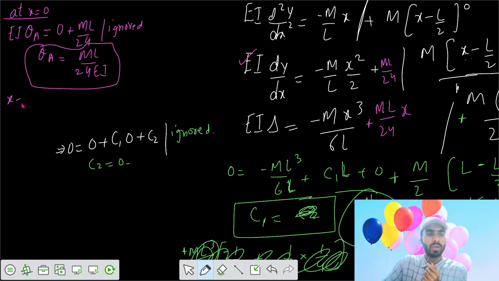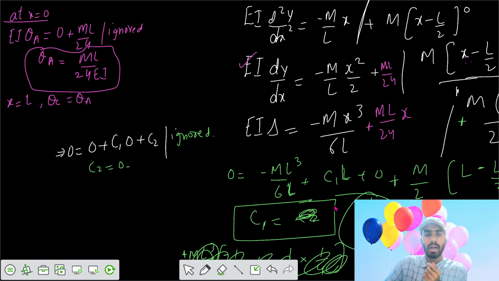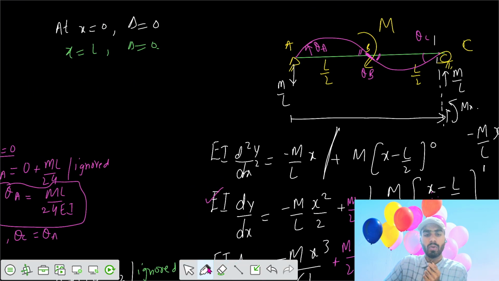Similarly, at x equals L, the slope would be theta c, but that is also equal to theta a, because by symmetry we have the same value of theta, since the moment is acting at midspan.